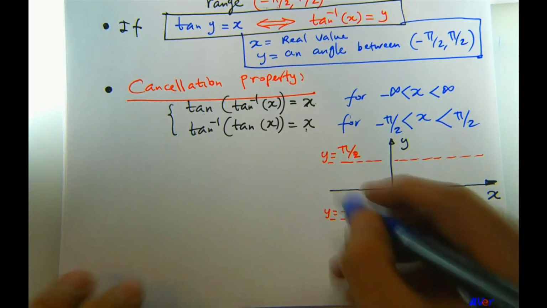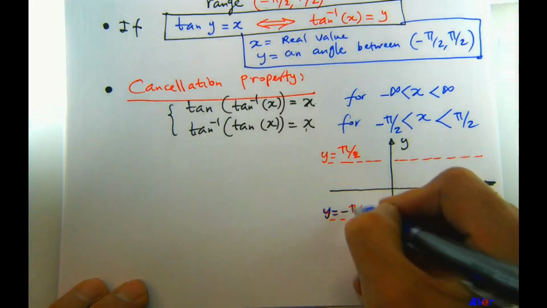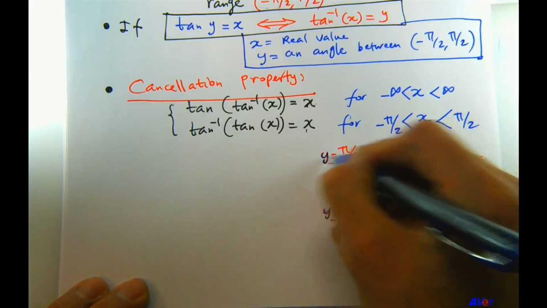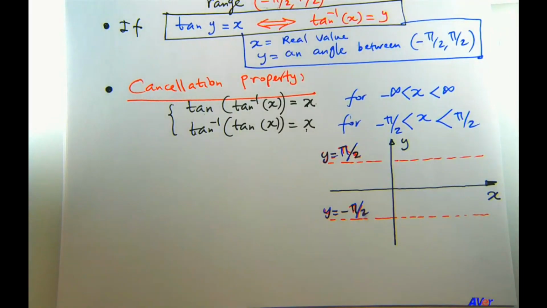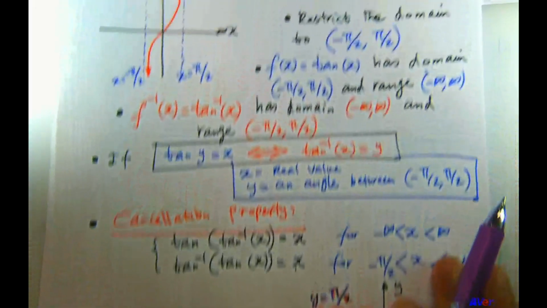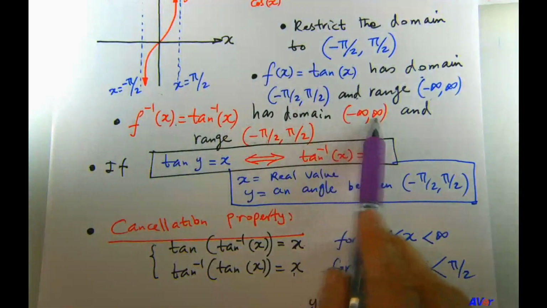And here y equals minus pi over 2. Let me make that blue ink. Like that. So the domain is going to be negative infinity to infinity.